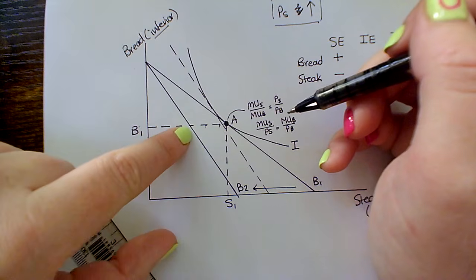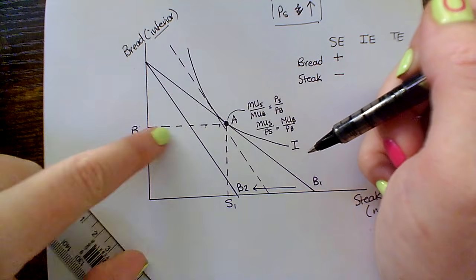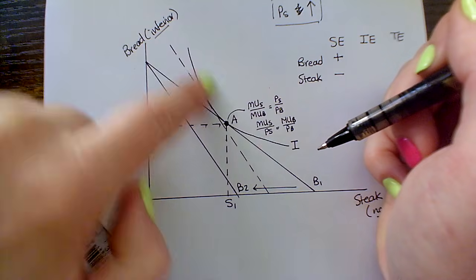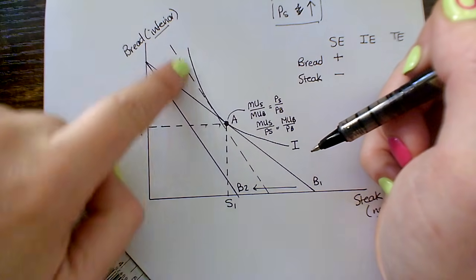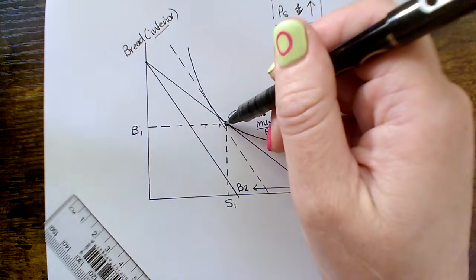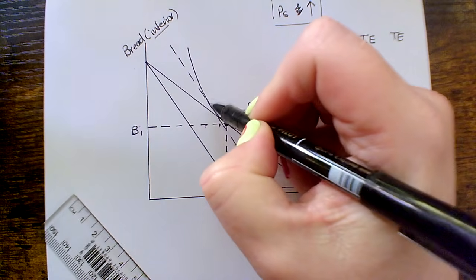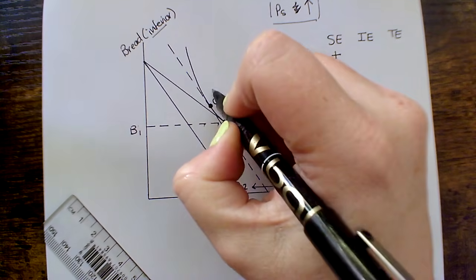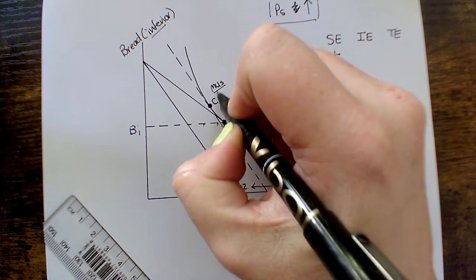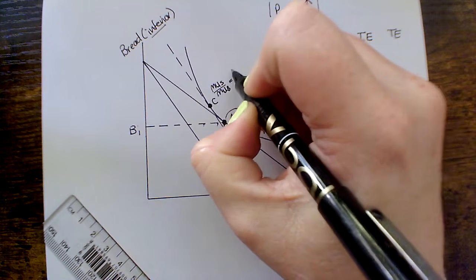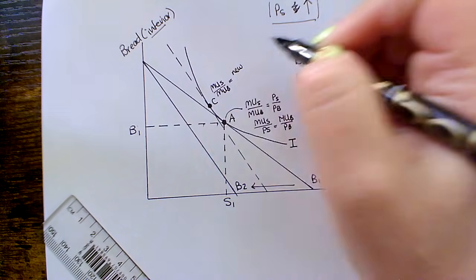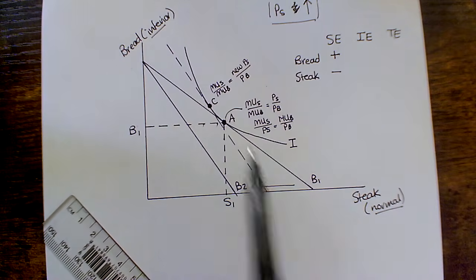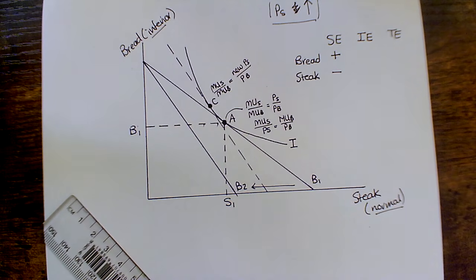So this is saying if we could have stayed as happy as we were before, so if I could have hypothetically received enough income to take me back up to my original utility, so were I able to stay as happy as I was before, how would I have changed my consumption of bread and steak so that I could achieve MUS over MUB now being equal to the new price of steak over the price of bread? So that movement from A to C is that substitution effect.